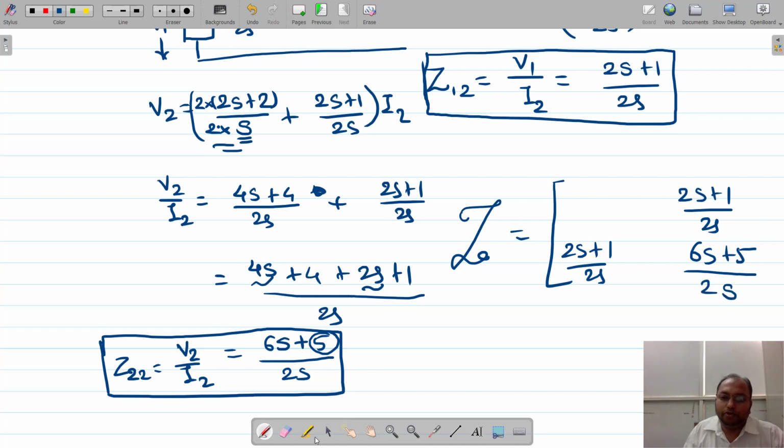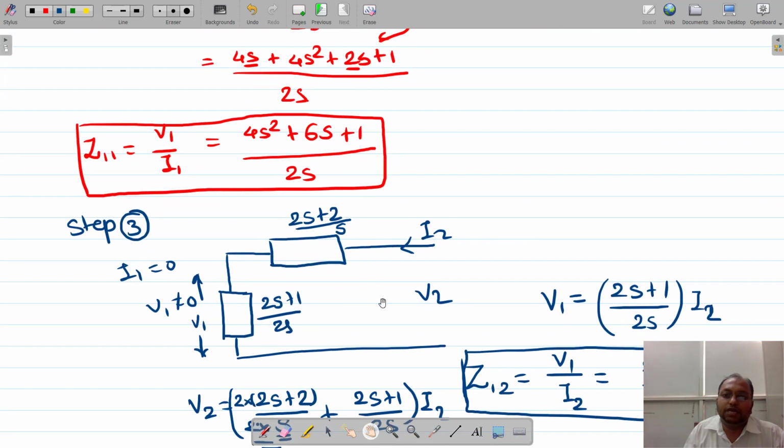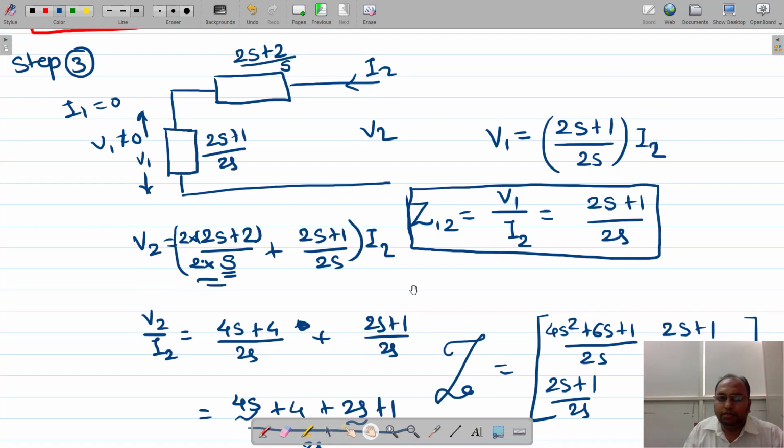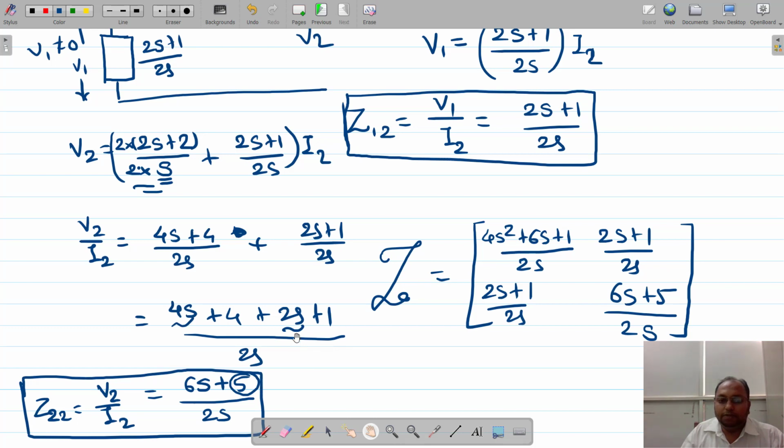And for this one, let us check what Z11 is: it is (4s square + 6s + 1)/2s, which is nothing but Z11. Yes, fine. So this is nothing but the Z parameters. Likewise we can calculate the Z parameters for a circuit consisting of inductor, capacitor and resistor. Okay, fine, thank you.